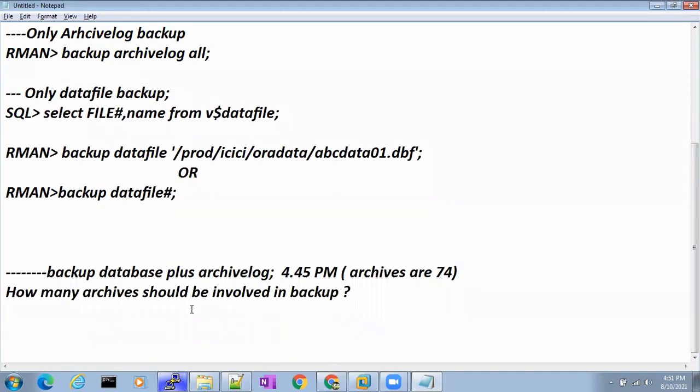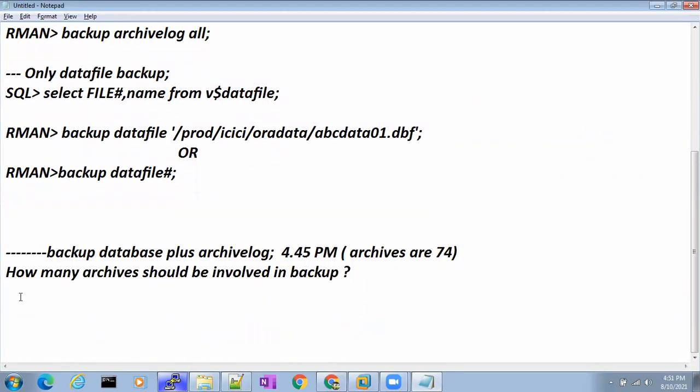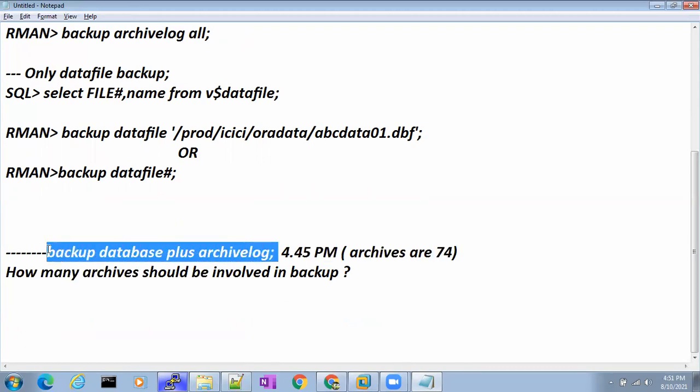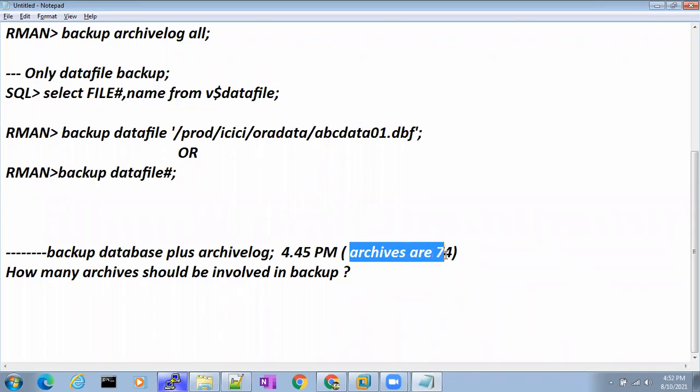Remember, this is very important for a DBA. Can anyone answer? At 4:45, I see 74 archives in my database, when I started giving this command backup database plus archive log and hit enter.